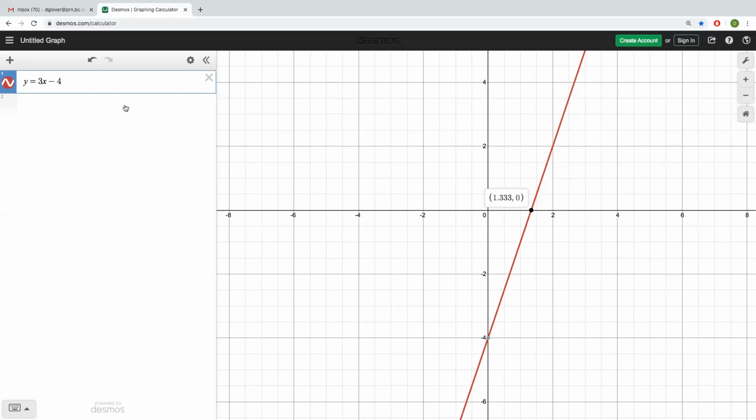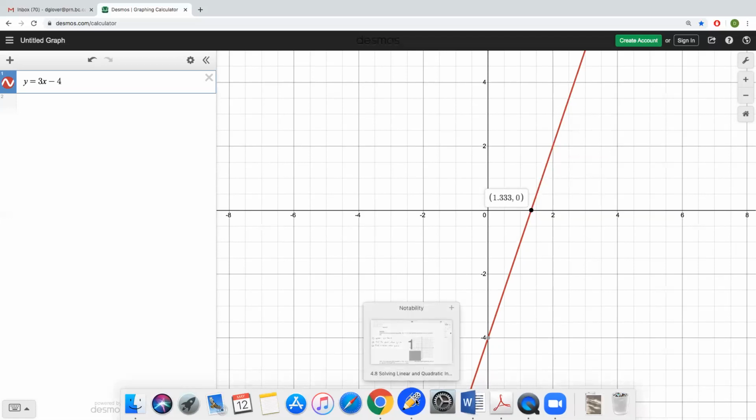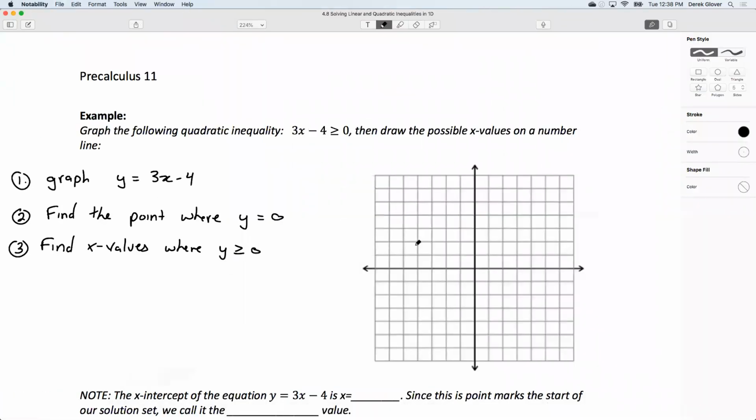So we can go back to our question. We can draw a sketch of it. It's going to look something like this. We'll have a y-intercept of minus 4. 1.33 was about our x value. And so we're going to get a function that looks like this.